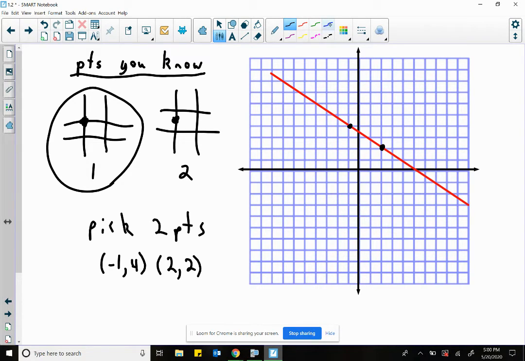What I want you to do is pick one of these points as Google Maps finding you. So it's going to go ding. I chose this guy. I could have chosen the other one, but it doesn't really matter.